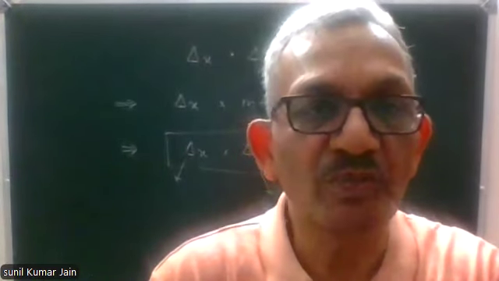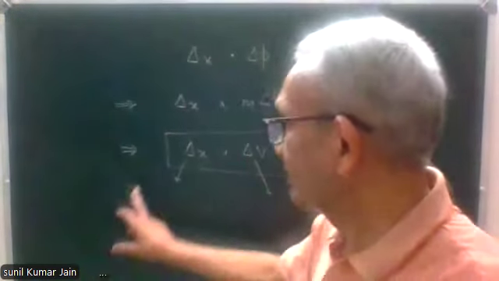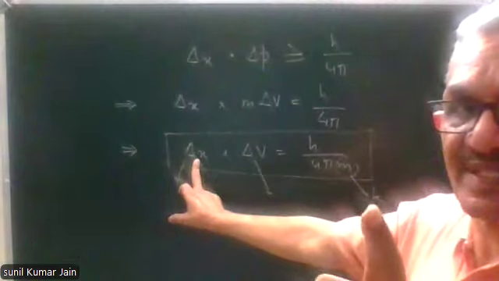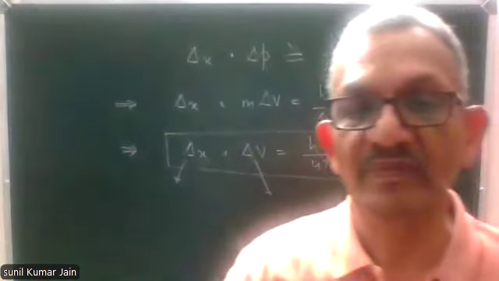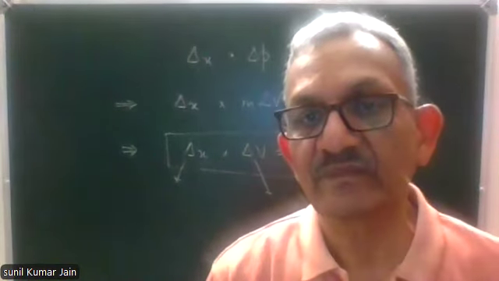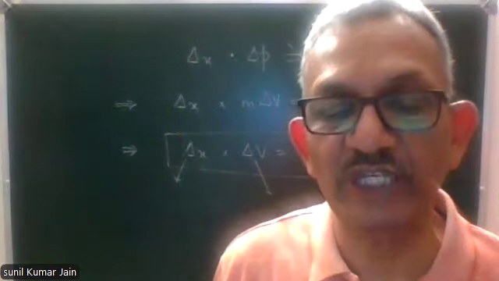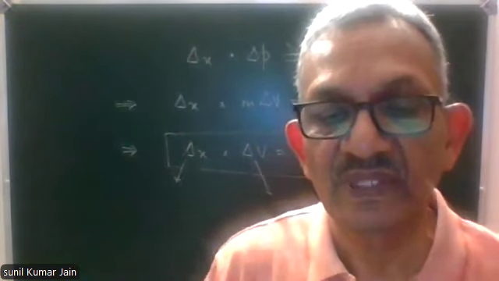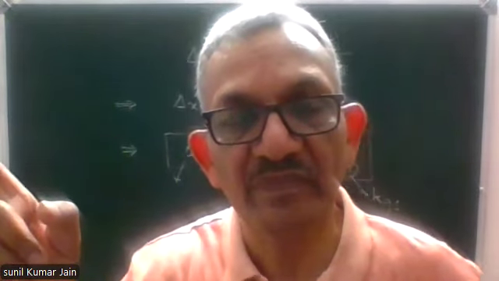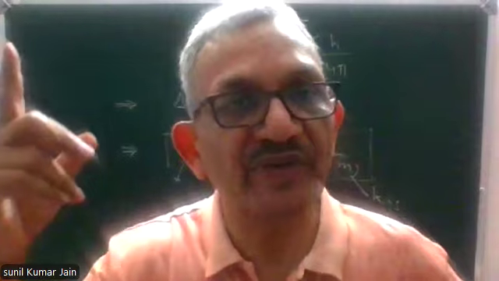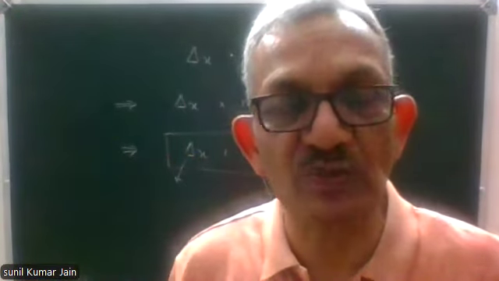That is, if delta x is very small, then the uncertainty in velocity, that is delta v, will be very high, and vice versa.